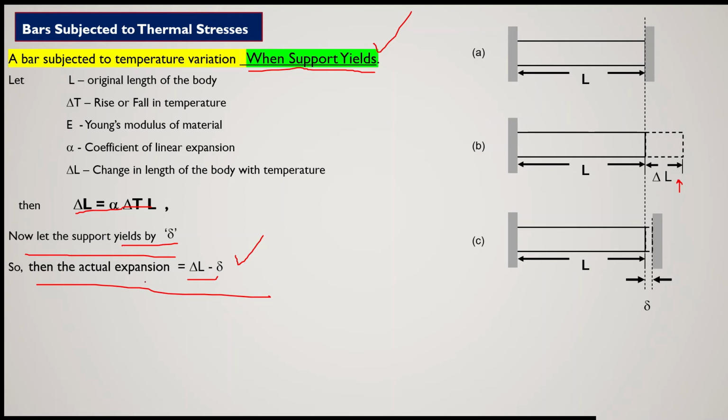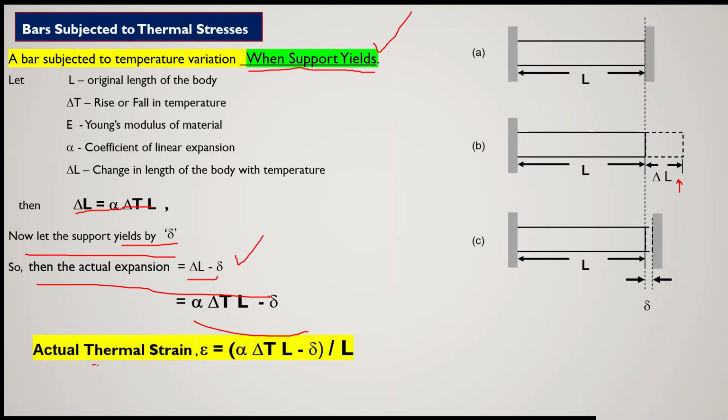So this will be the actual expansion. You can compare it with the previous case when there was no yielding of support. The extension was delta L. Now the extension is lesser than the initial case. So accordingly stresses will also change. Putting the formula of delta L here, this will be the exact formula for calculating the actual expansion.